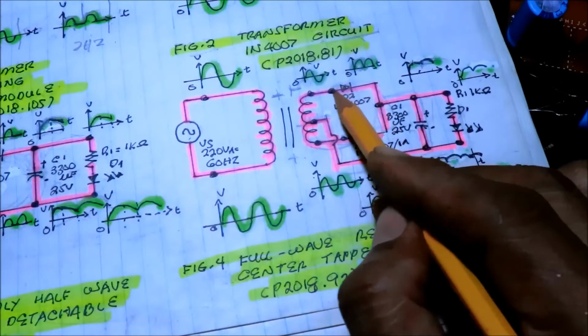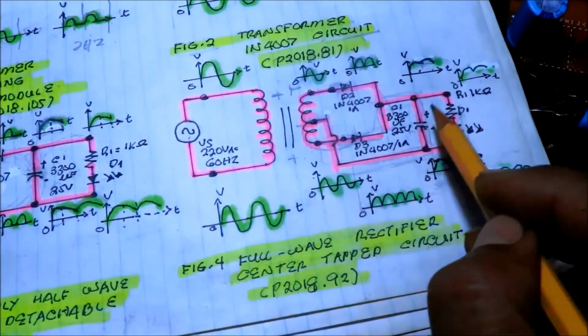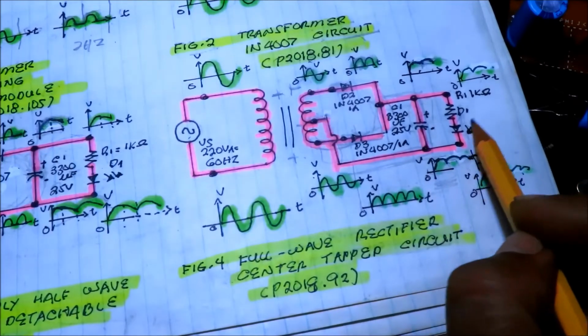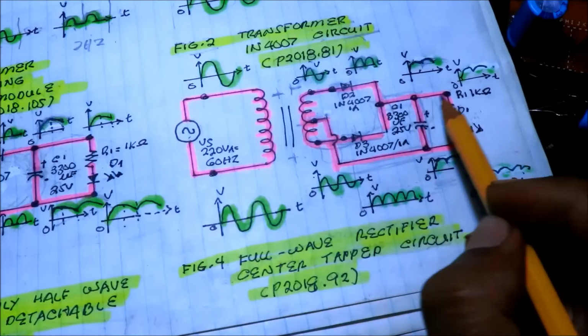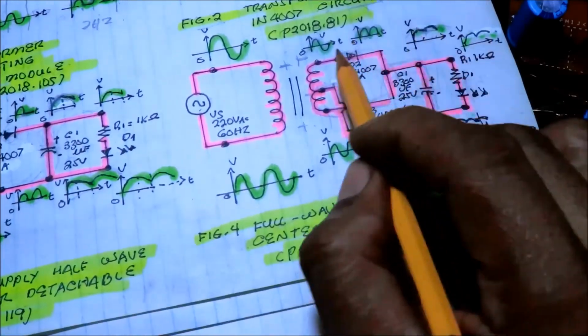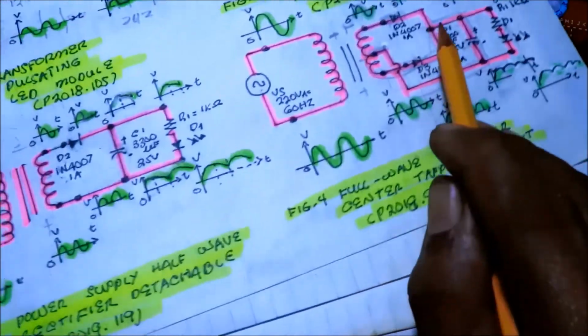Now this is reverse bias, and charging the capacitor. This is now the one supplying the current to the load. This is filtered. And because of that, our LED is not flickering or not blinking.